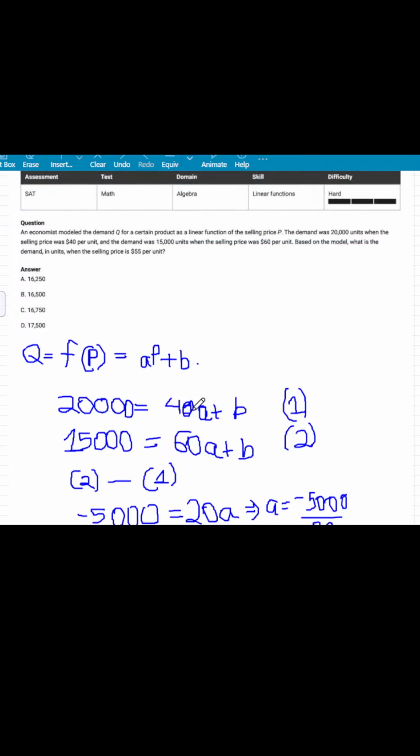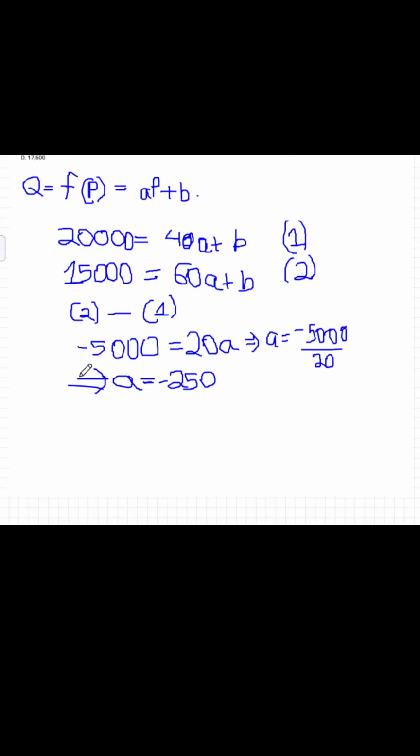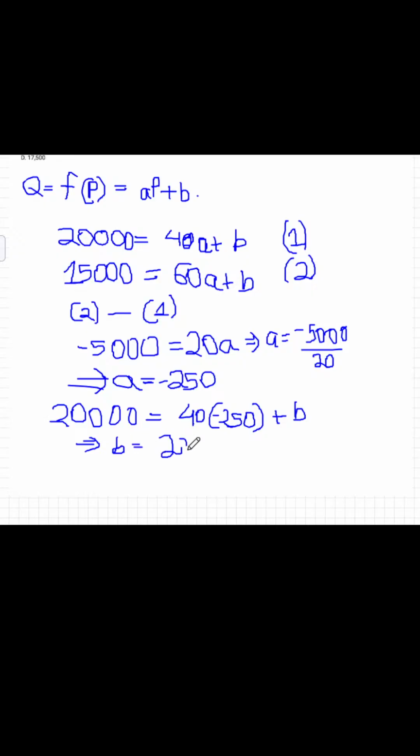So this is the value of A. Now let us put the value of A here to get the value of B, the other constant. So by putting its value in the first equation, we'll get 20,000 is equal to 40 multiplied by minus 250 plus B. So that will give us B is equal to 20,000, and this will be 10,000, so it will go here minus 10,000.